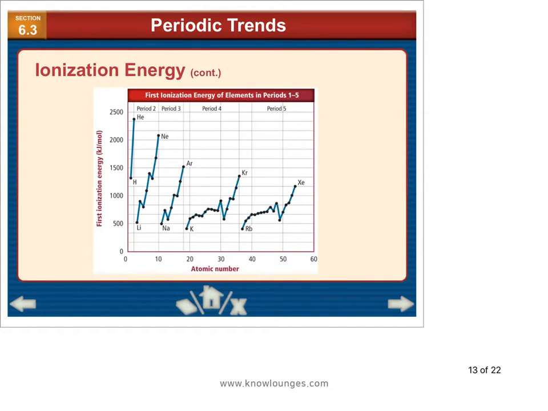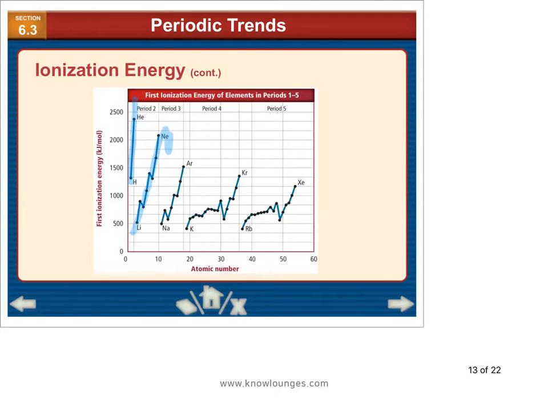Good. And this chart shows you the ionization energy of elements in periods 1 through 5. In period 1, as we move left to right, ionization energy goes up. As we move across the table in period 2, ionization energy generally goes up.